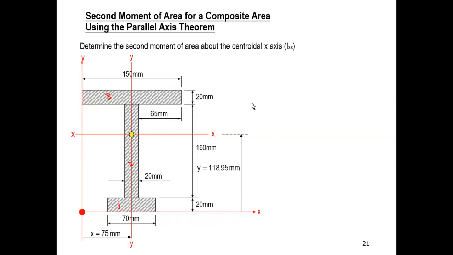Okay, so we want to find the second moment of inertia for a composite shape. So the rule is the composite shape has to be broken into a number of primitive shapes. But then the key is each individual primitive has its own standard value, has its own coordinate system.